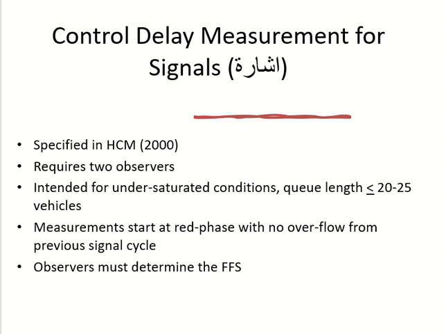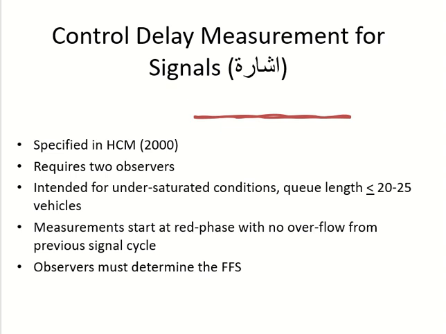Before you start the study, you have to take care of 2 things, and both of them are related to each other. You have to make sure that the queue on the signal is not too long. If it is too long, your measurement will not be accurate.